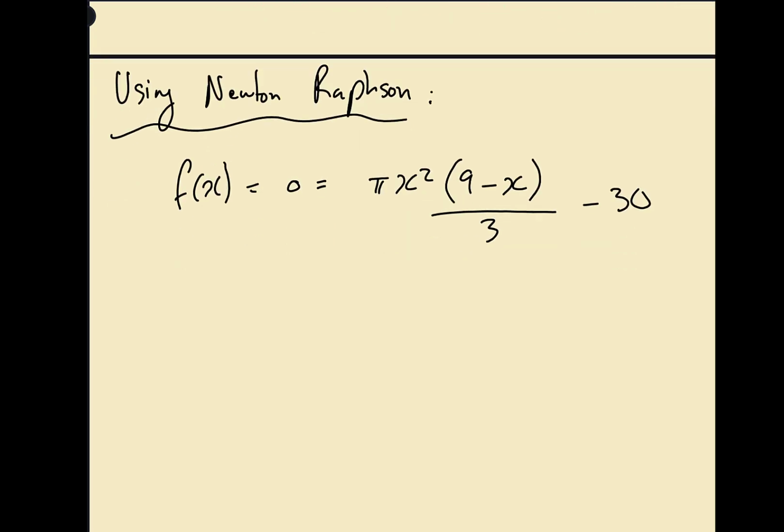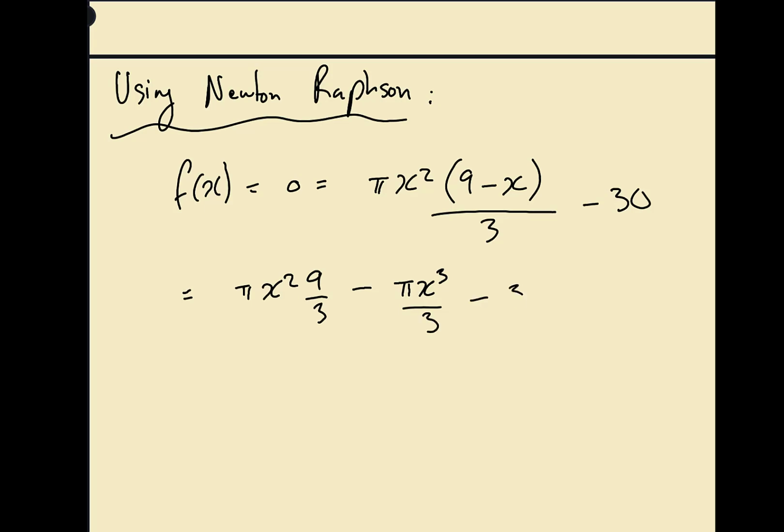So let's multiply this out and see what we get. So this is pi x squared multiplied by 9 divided by 3, right? So that would be 9 times 3 divided by 3, sorry. Minus pi x squared multiplied by x divided by 3, right? So this would be, instead of x squared, x cubed divided by 3.